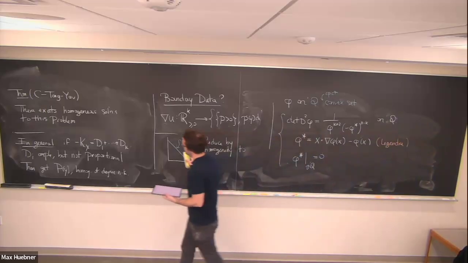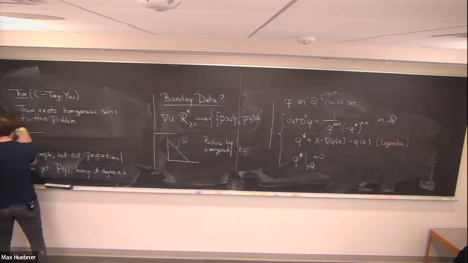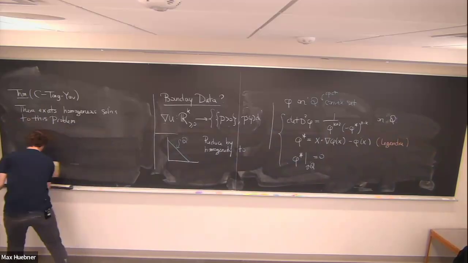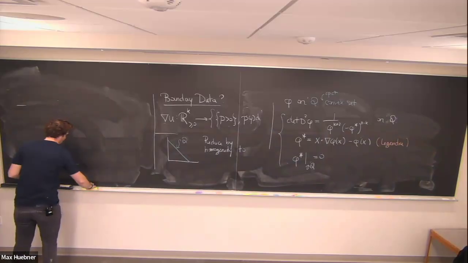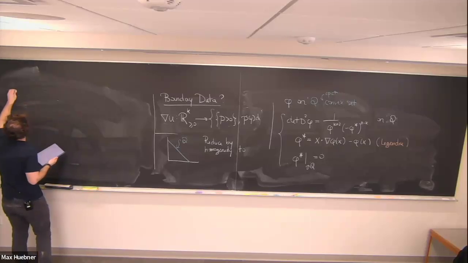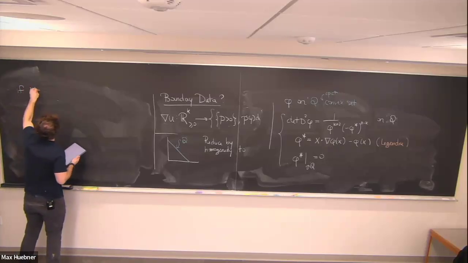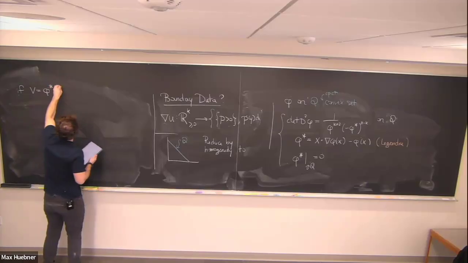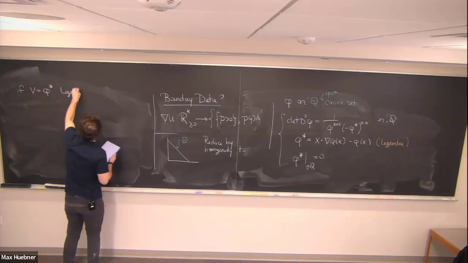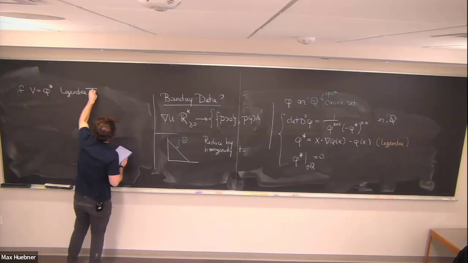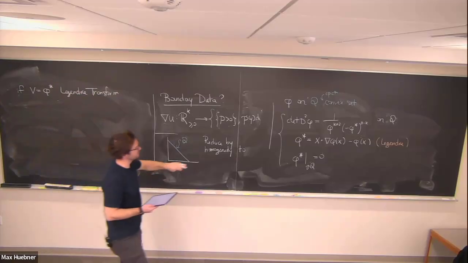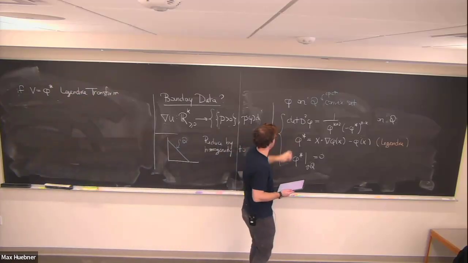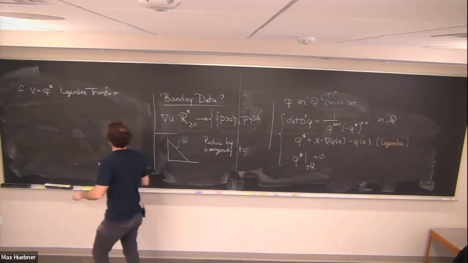And then let me tell you what you get, because it's quite interesting. If V is phi star, the Legendre transform, then taking the Legendre transform inverts the Hessian. So this is 1 over the determinant of d squared phi.